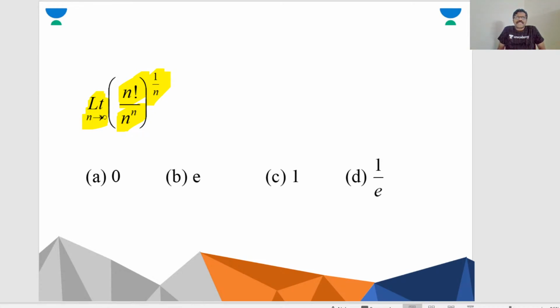Here limit n tends to infinite, n factorial by n power n, whole power 1 by n. Let us take this limit as L. Now take log on both sides.